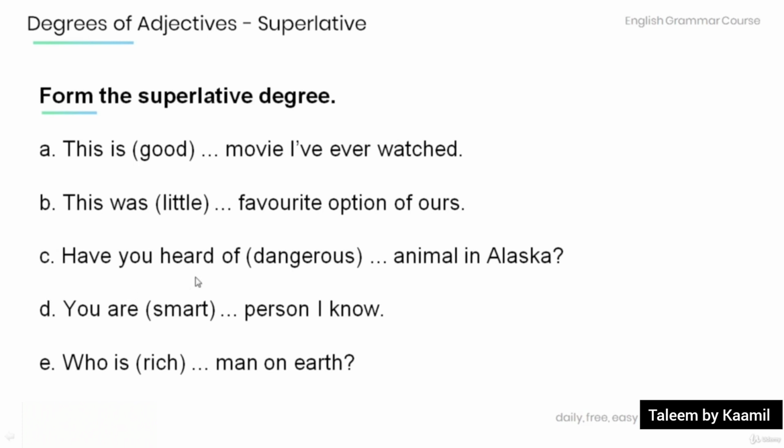C. Have you heard of dangerous animal in Alaska? D. You are a smart person I know. E. Who is rich man on earth?